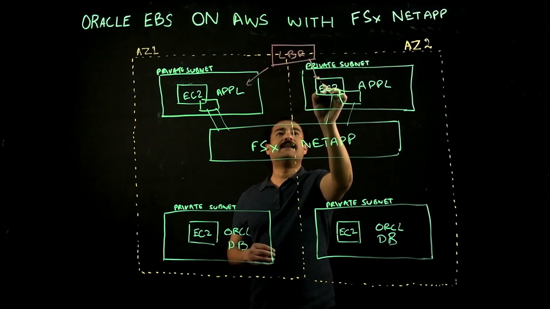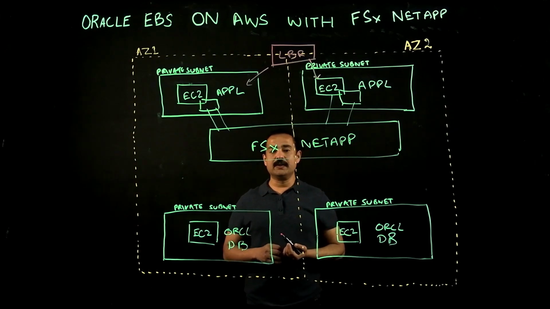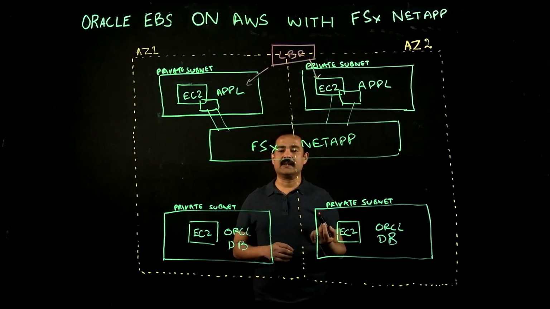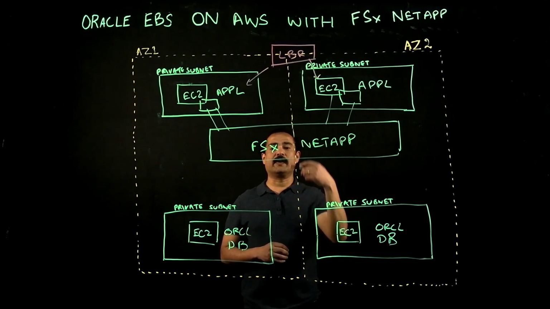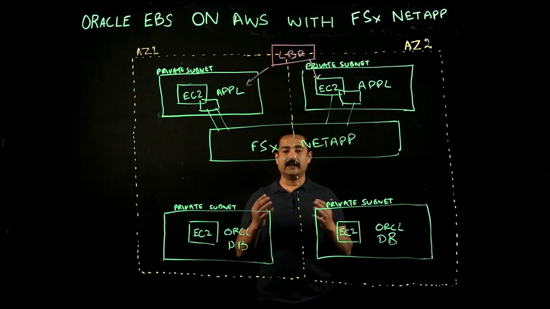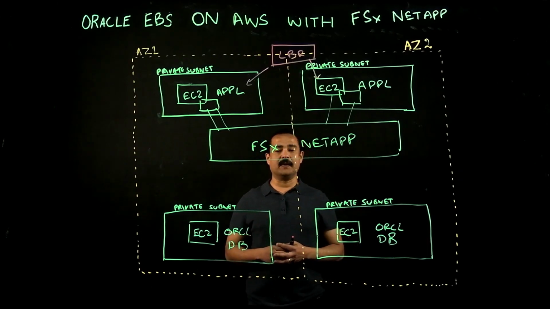You can use either the AWS load balancer that we provide, or you can use a Cisco or Big IP load balancer. If you are using that, you can get the load balancer from Marketplace and deploy that in AWS. The native load balancer that AWS provides works perfectly fine with Oracle application.